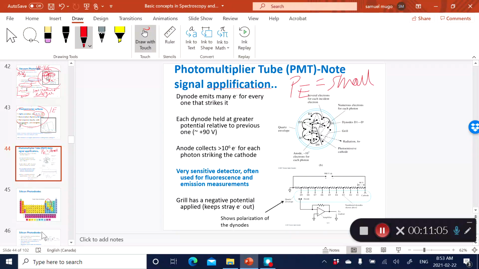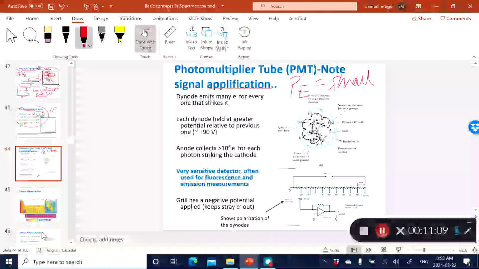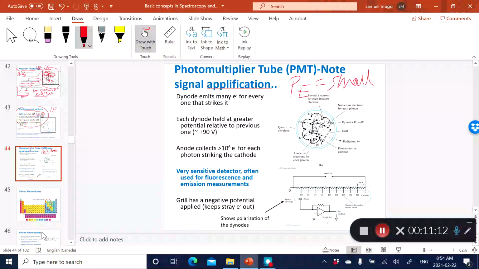Okay? And so you would expect that when this light impinges on the photoemissive material, you generate a very small amount of current. Okay? And the current, of course, is coming from the electrons that are generated.